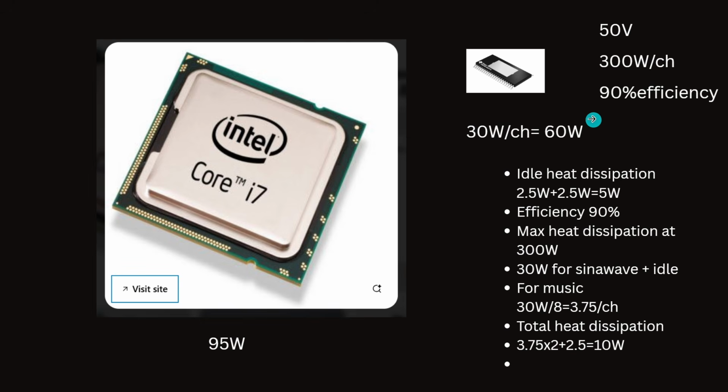We should dissipate 60 watts. And here is the answer for those who put a sine wave at maximum on both channels on a load and complain that this audio amplifier is overheating. It should dissipate 60 watts. Come on.